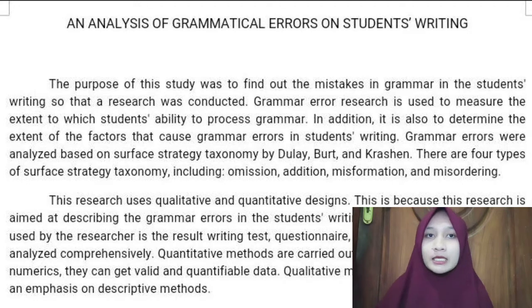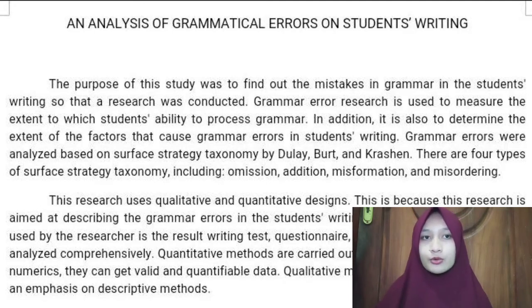In addition, it also determines the factors that cause grammar errors in student writing. Grammar errors were analyzed based on surface strategy taxonomy by Dulay, Burt, and Krashen. There are 4 types of surface strategy taxonomy, including omission, addition, misformation, and misordering.